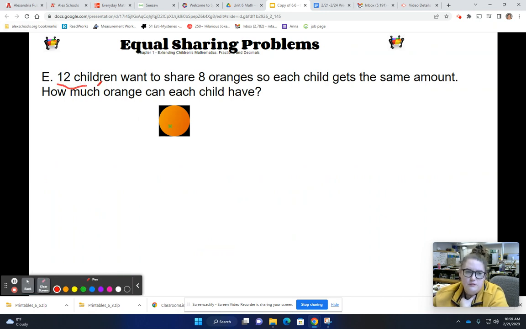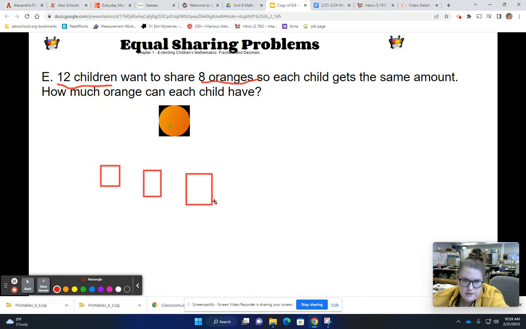So we have 12 children. If you want to do this on paper, you can. If you don't have any paper, just follow along because this one is just review. We have 12 children and 8 oranges, and we want to share them so that everybody gets the same amount of orange. I am going to draw 8.